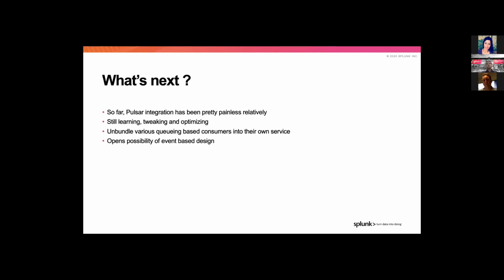For instance, when a new tenant is provisioned, there are a bunch of downstream resources that need to get provisioned, and we are looking into leveraging Pulsar for triggering those resource provisioning actions as well. So far, the Pulsar integration has been really painless.